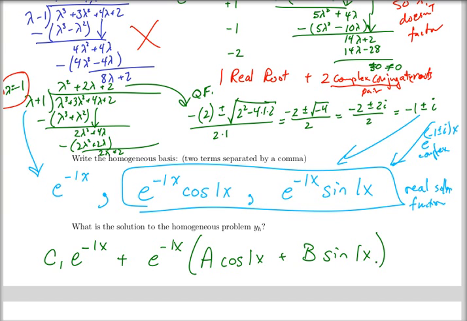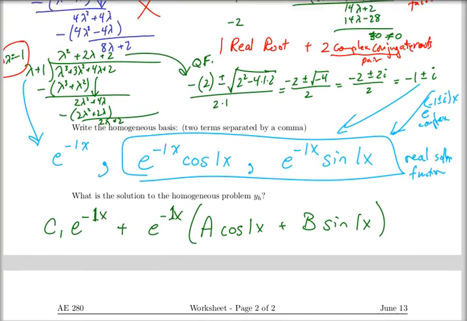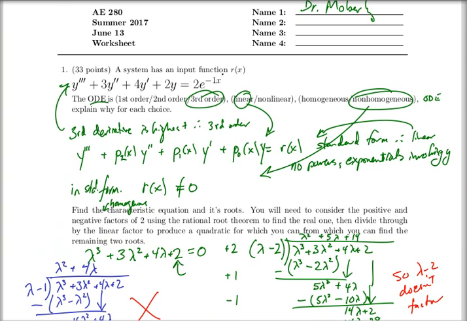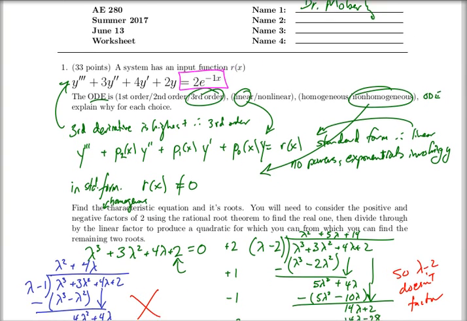So there's a purely real solution. And we could shorten it up a bit. What applies, what doesn't apply? Notice we've got an e to the minus 1x.